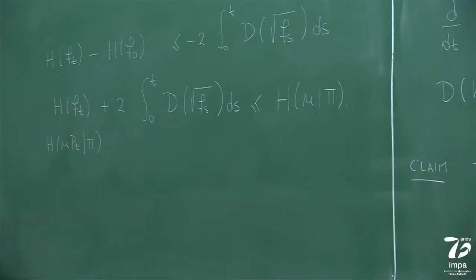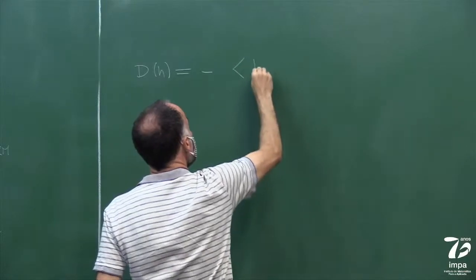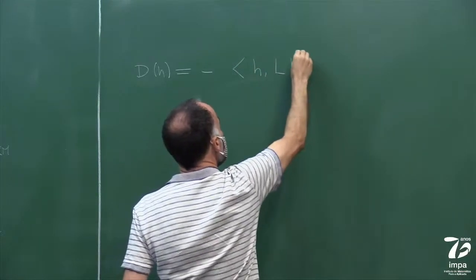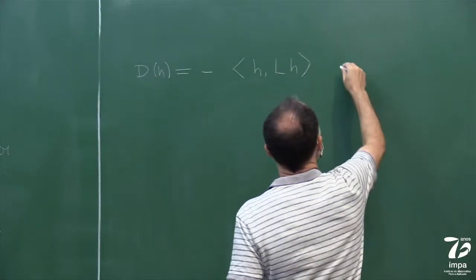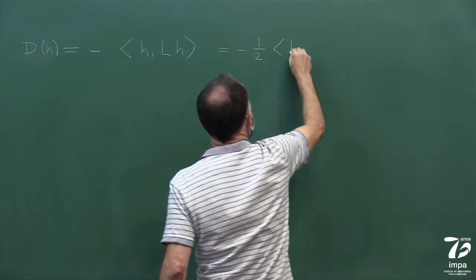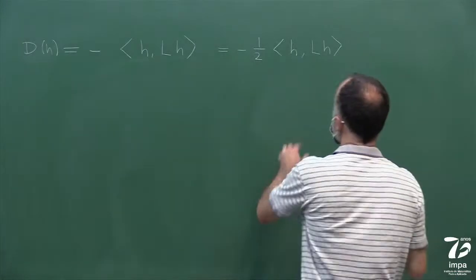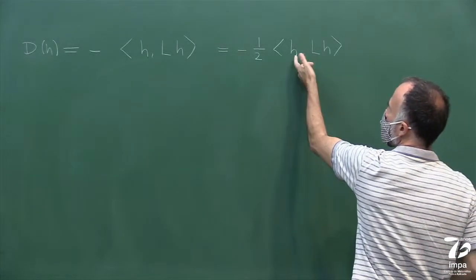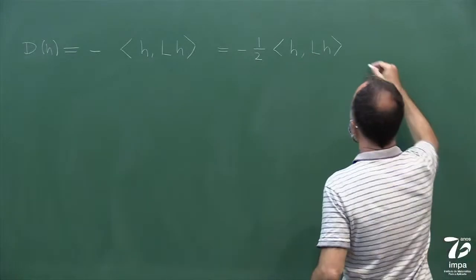So the Dirichlet form of H, by definition, is minus H LH. And I want to write this as minus 1/2 H LH. And the second half, I will write it exactly in the same way, but then I use the definition of the adjoint.